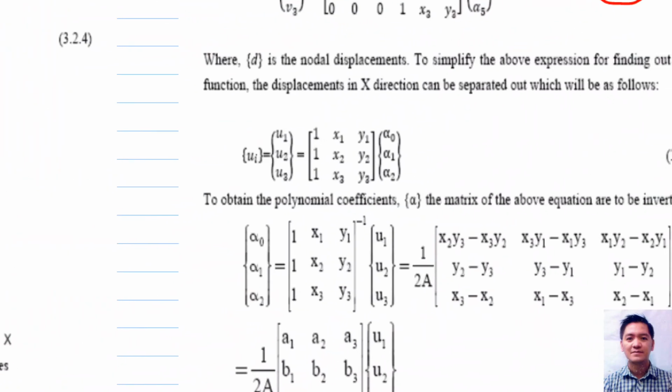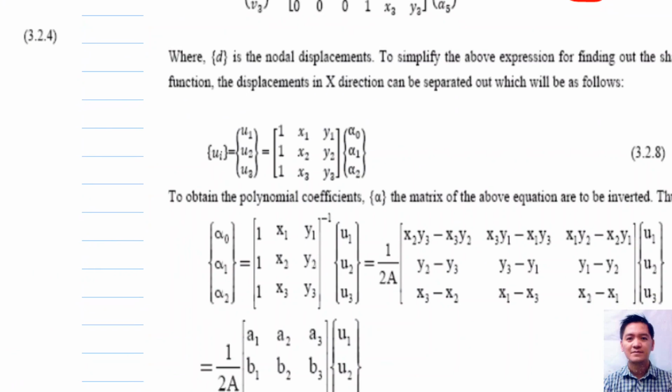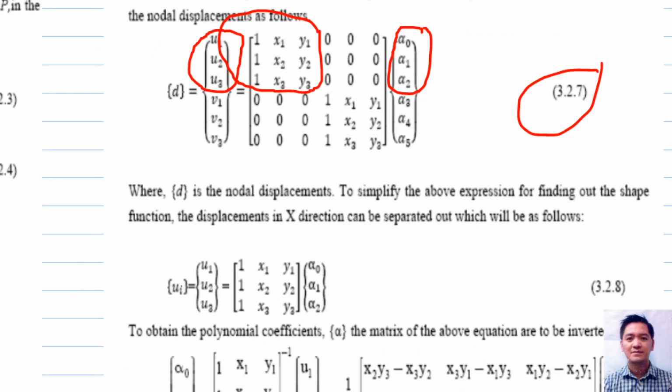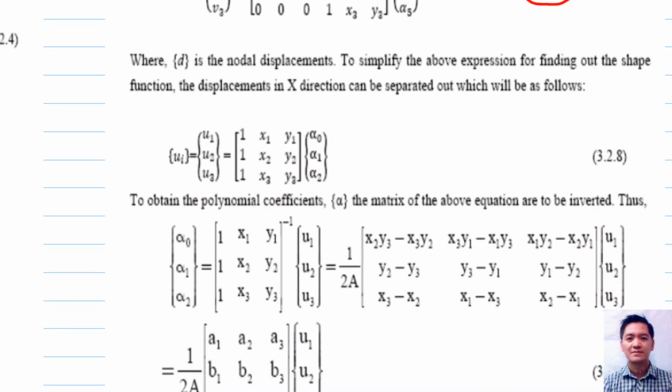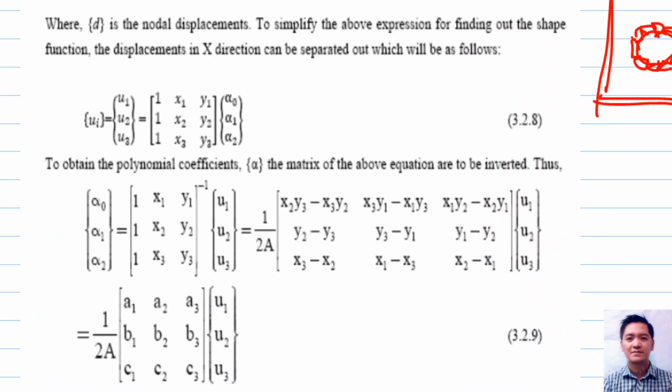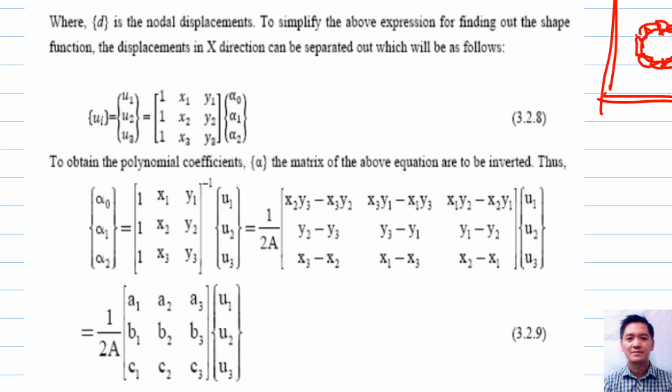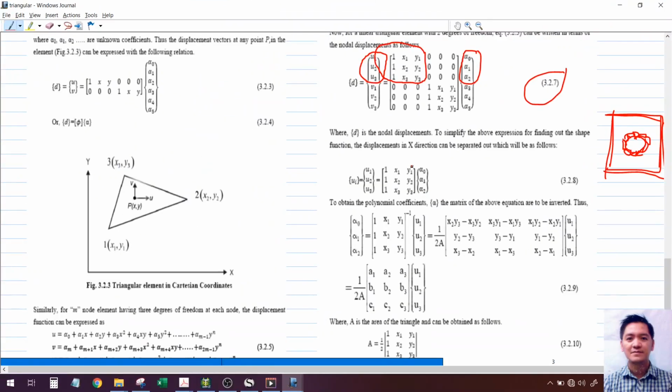Okay. So, balik tayo dito. Our U1, U2, U3 na in-extract natin doon sa taas will be alpha naught, alpha 1, alpha 2. Now, to obtain that unknown coefficients, yung parang ginawa natin sa P, get the inverse. So, we need to get the inverse nito.